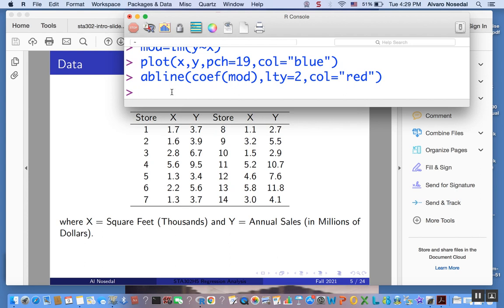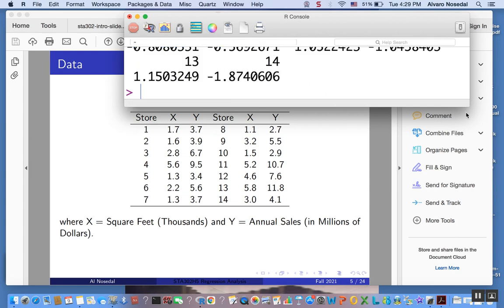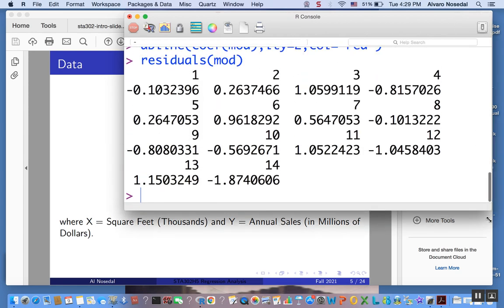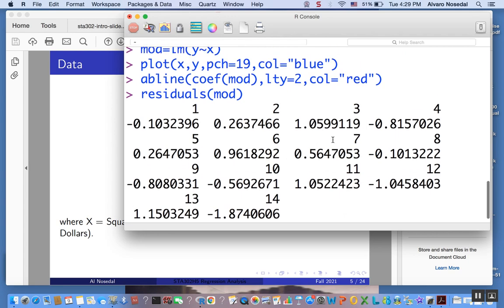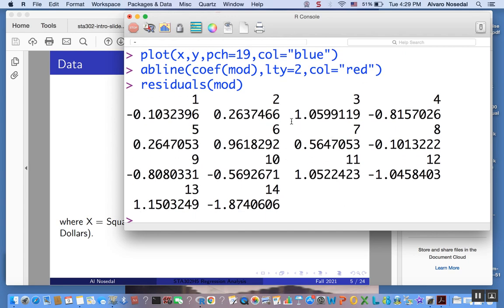And we know that there's a way of quickly finding our residuals, using the function residuals and the name of the model that we're going to be using to compute those residuals. So that would give us the 14 residuals corresponding to our 14 observations.